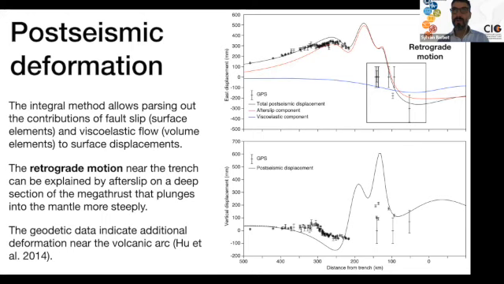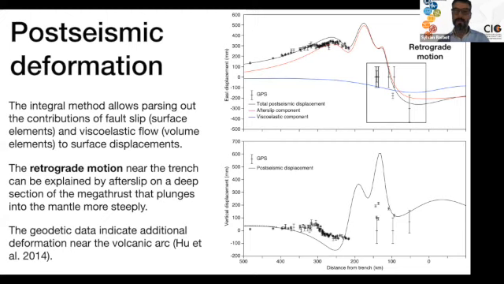What do we mean by retrograde? Well, the hanging wall of a megathrust should move seaward, and for a few years, the hanging wall of the megathrust was actually moving landward, as if it was on the opposite side of the trench, and so that was a little bit puzzling.